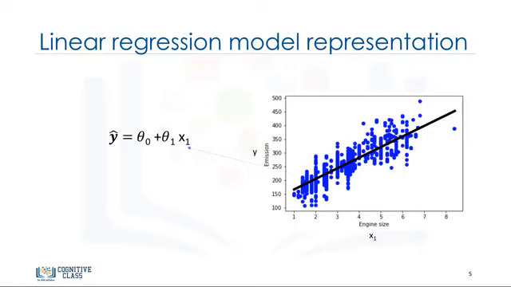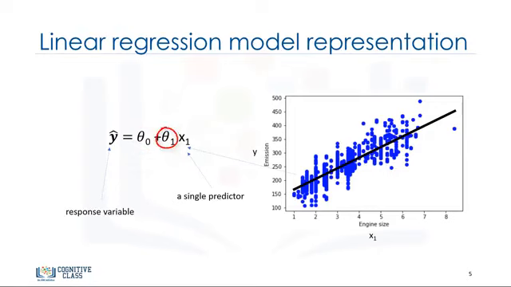In a simple regression problem, a single x, the form of the model would be y hat equals theta 0 plus theta 1 x1. In this equation, y hat is the dependent variable or the predicted value, and x1 is the independent variable. Theta 0 and theta 1 are the parameters of the line that we must adjust.